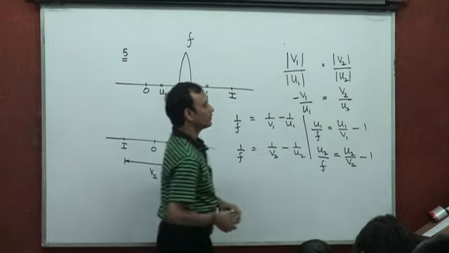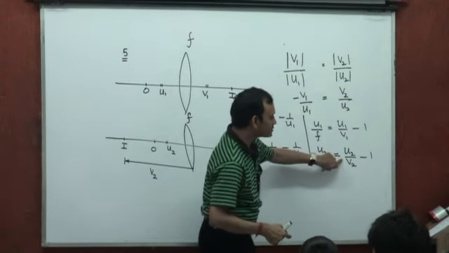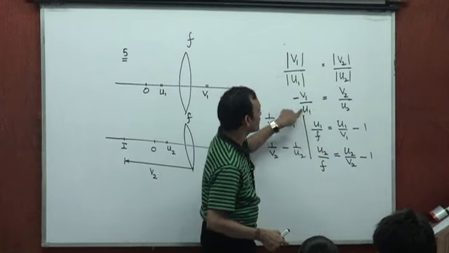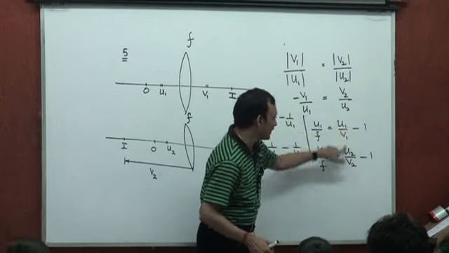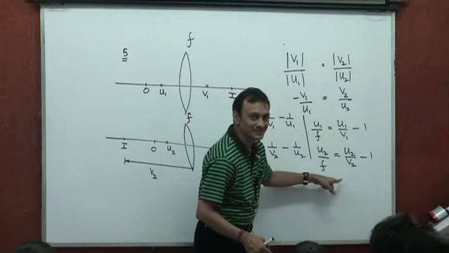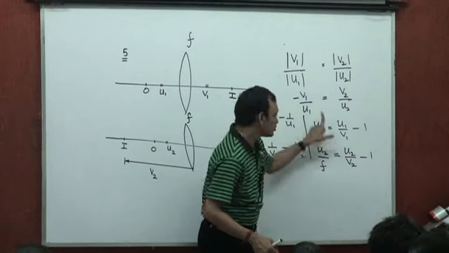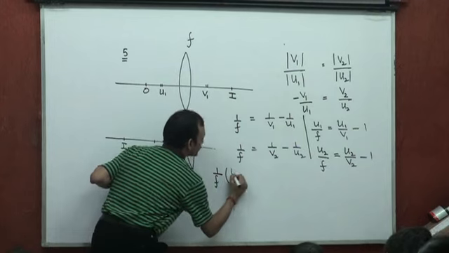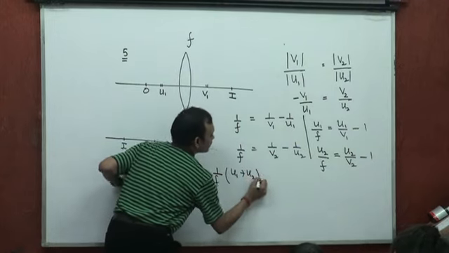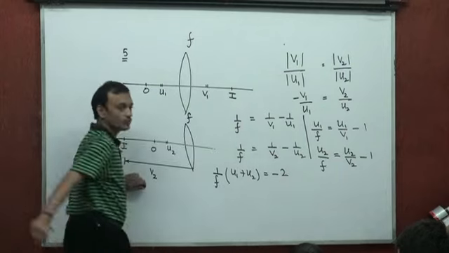Now the way to eliminate is, if I add these two, then these two will vanish, because minus u1 by v1 would be minus u2 by v2. So if I add these, then this and this will get cancelled. Do you realize that? So if I add these two, I get 1 by f into u1 plus u2 equal to minus 2.